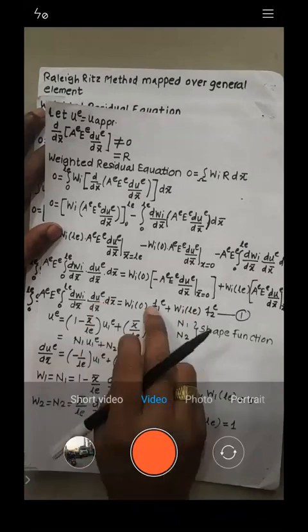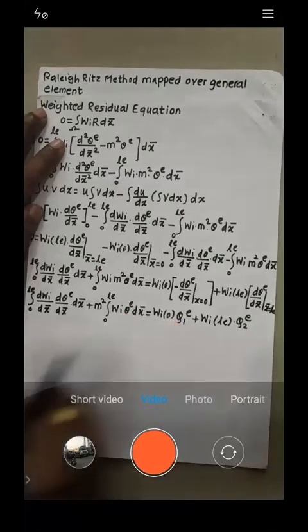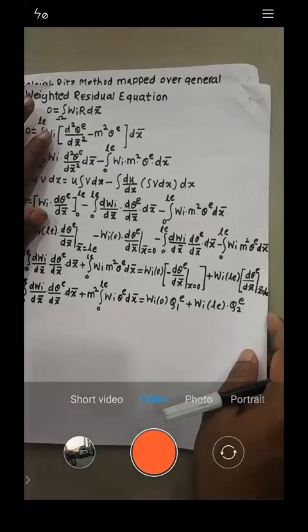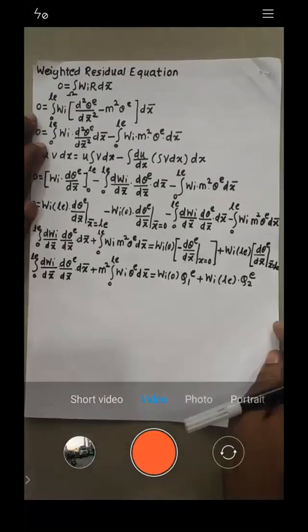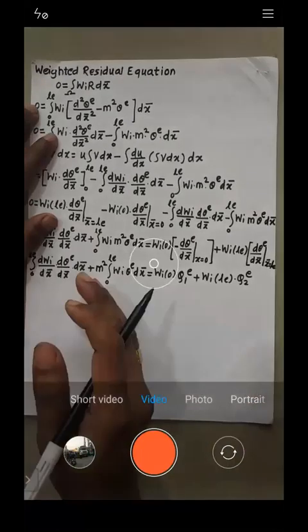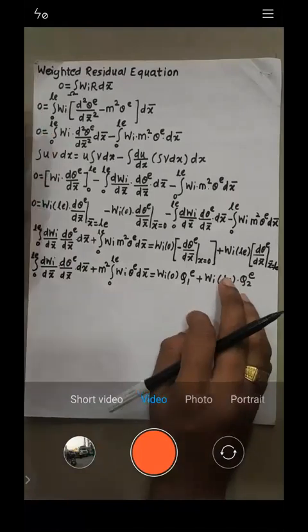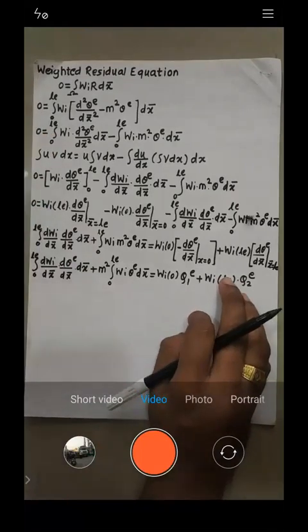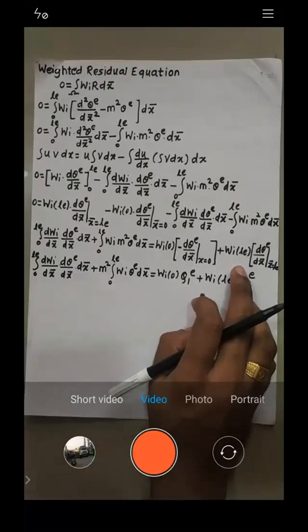So similarly, if you have temperature, then you should have heat here. Is it okay? Let me know. Yes, sir. If you have displacement, you have force. Similarly, if you have temperature, you will have heat. Yes or no? Is it clear or not? Because see, we have equation: stiffness matrix into displacement is given by force. Similarly, stiffness matrix into temperature is given by heat.